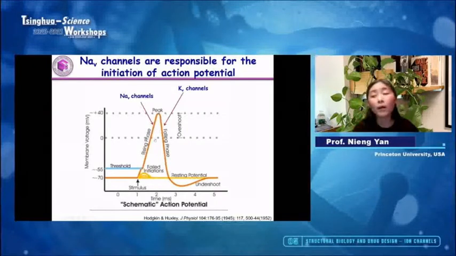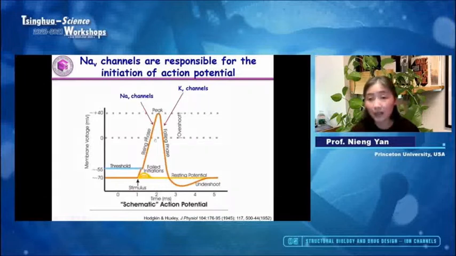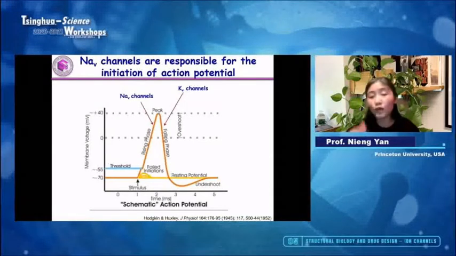And immediately upon activation, they inactivate through a process known as inactivation. Meanwhile, voltage-gated potassium channels activate to allow for the efflux of potassium ions, and eventually that leads to the reset of the membrane potential back to the resting state.